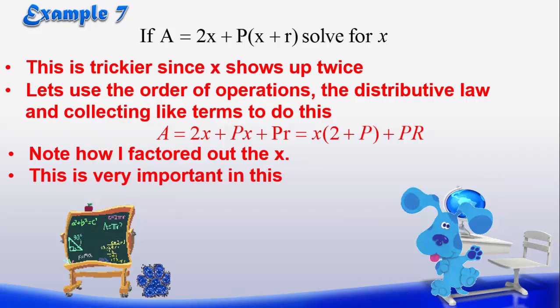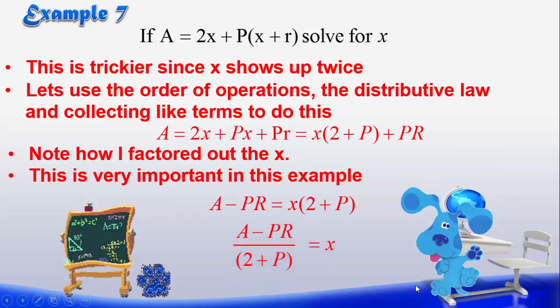This is very important in this example. So here I got a minus pr because I brought the pr over to the side with the a, and that is equal to x times 2 plus p. Now I can divide both sides by 2 plus p in order to isolate x, and I end up with a minus pr over 2 plus p, and that is equal to x.